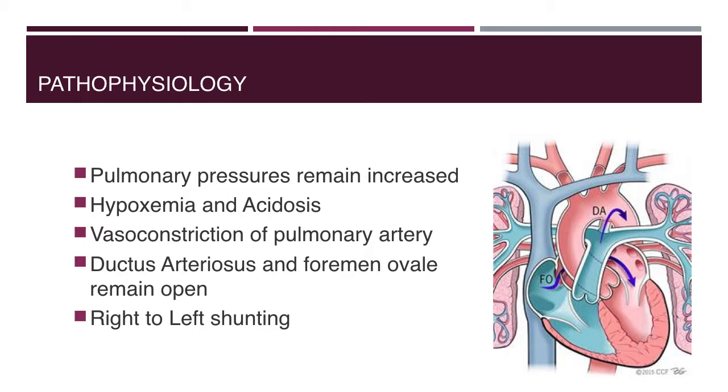And so without that, with the hypoxemia and acidosis, they constrict. Also, with the acidosis and hypoxemia, the ductus arteriosus and the foramen ovale stay open. And so what we get is right to left shunting, which means we get very little oxygenated blood out of the lungs.